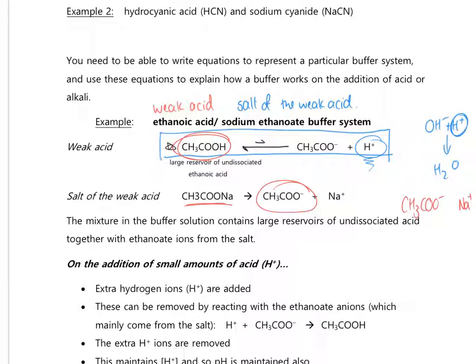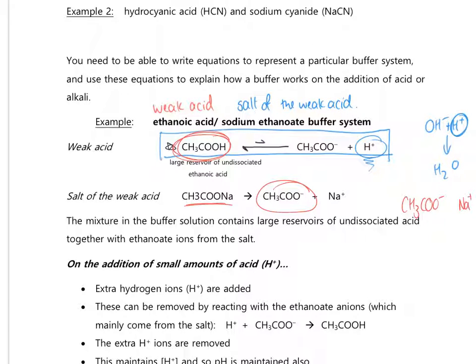Because it's made up of those ions, it will fully dissolve in water to give you your ethanoate ions and your sodium ions. So you'll have your ethanoate ions, which are ready there to be in action for the buffer, and also your undissociated acid.